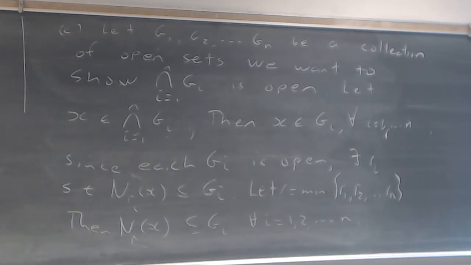So since this neighborhood of radius R about X is a subset of each G sub I, it is going to be a subset of the intersection of the G sub I.